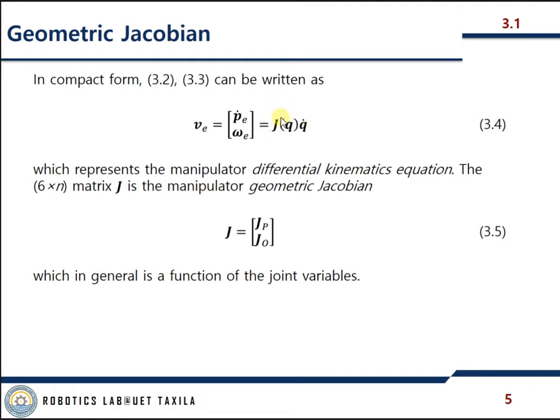This J is called the Jacobian, and this equation represents the manipulator differential kinematic equation. The 6 cross n matrix J is the manipulator geometric Jacobian. It is important to note that we call this kind of representation the geometric Jacobian, which is a compact form of the linear Jacobian and angular Jacobian, and it is a function of joint variables.